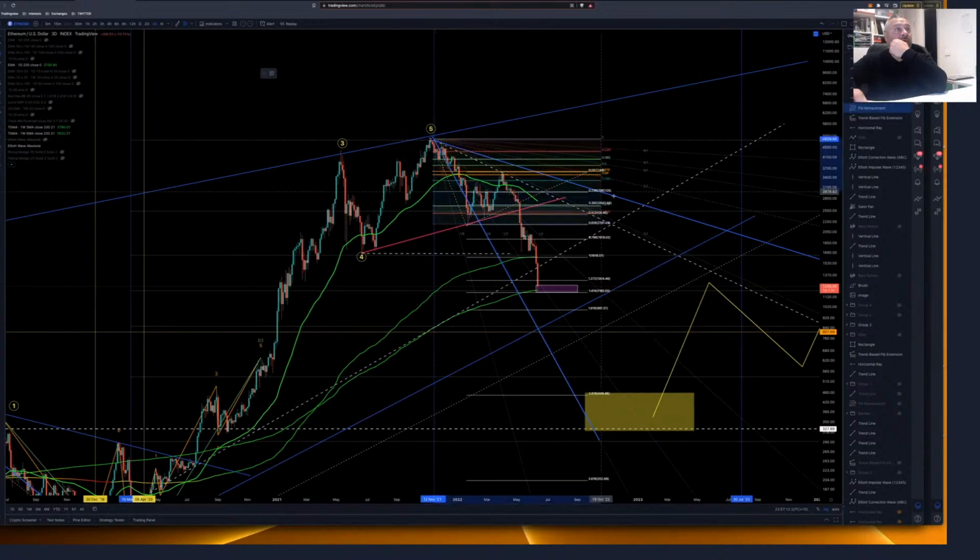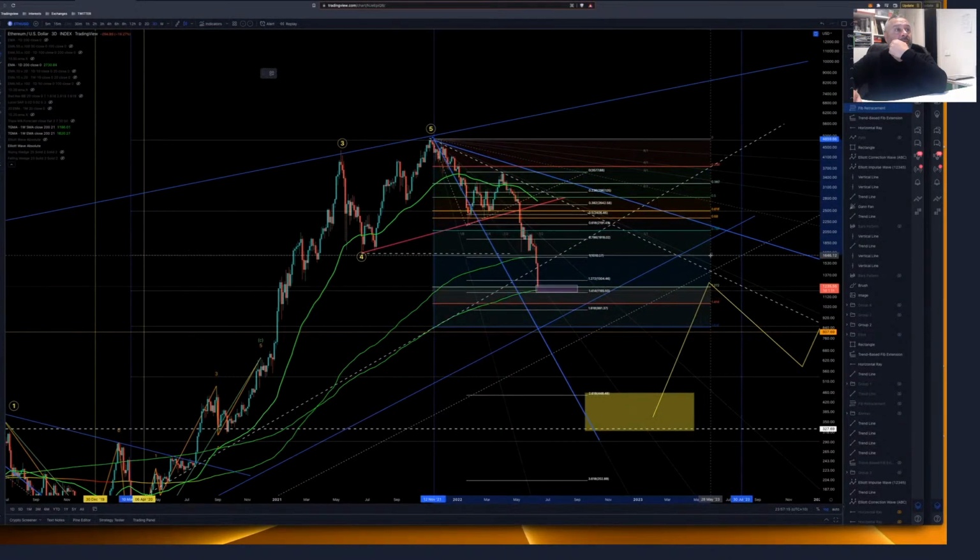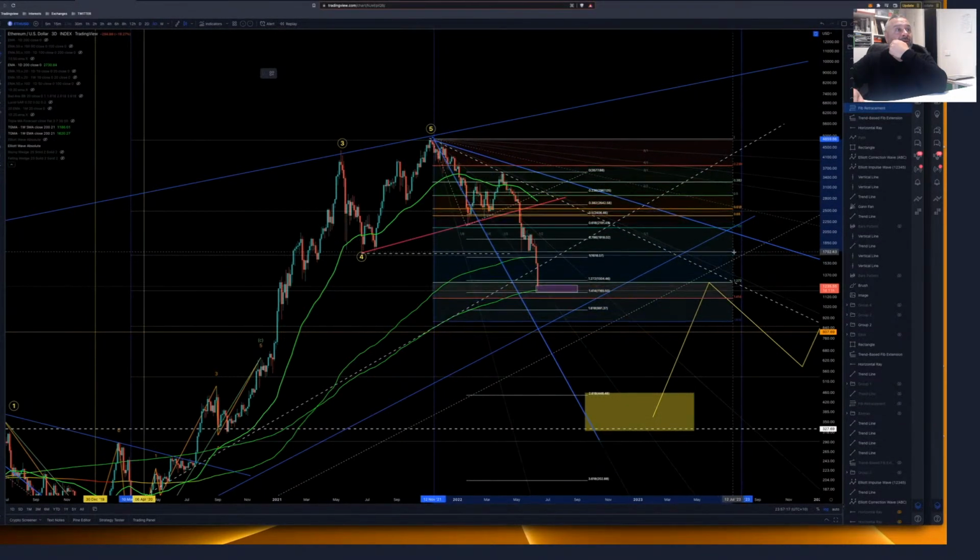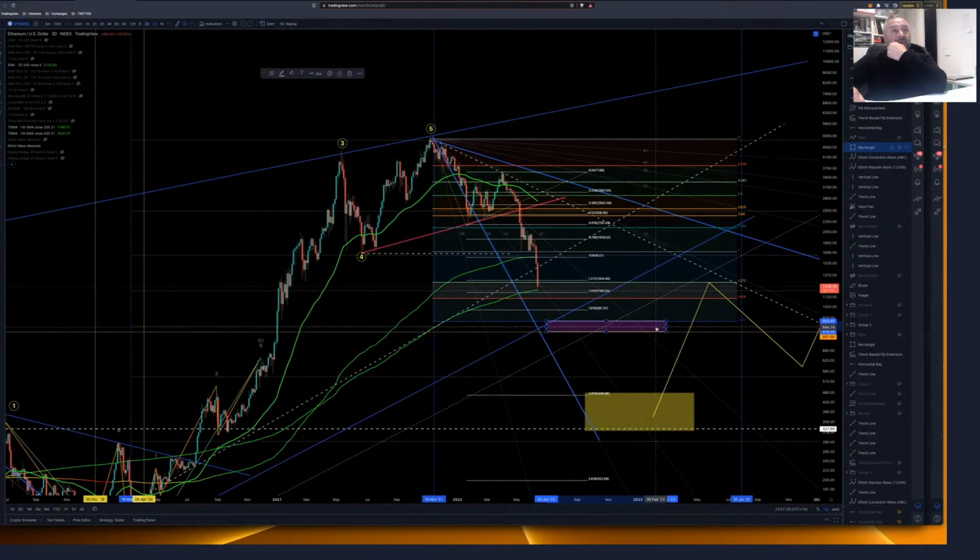If we were to look from the top to the bottom, or that macro breakdown, I do see potentially this could come down to this area first, the 1.618.